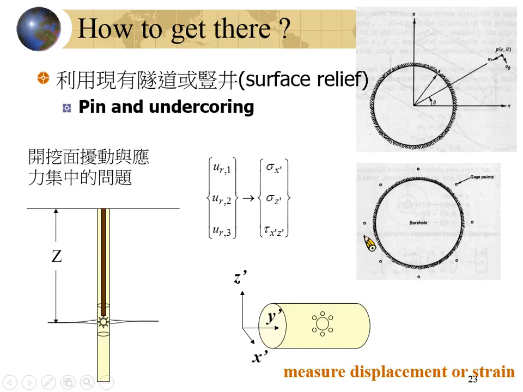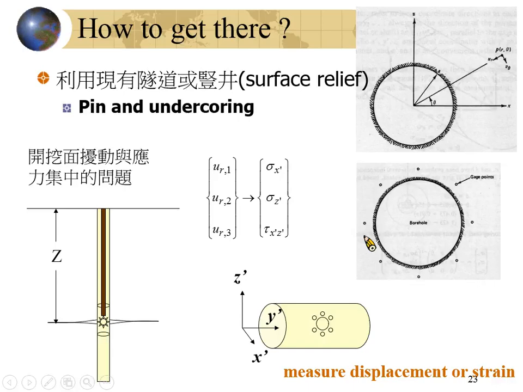If you have a tunnel and you make the pins and drill a borehole, you can measure the displacement, right? But where you relieve the stress, you relieve the stress around the tunnel or shaft.